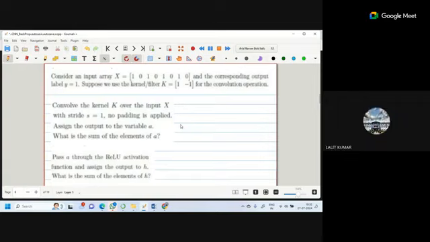There is a 1-dimensional input array, the true label y is given as 1, and the kernel is given. So we first have to do the convolution.